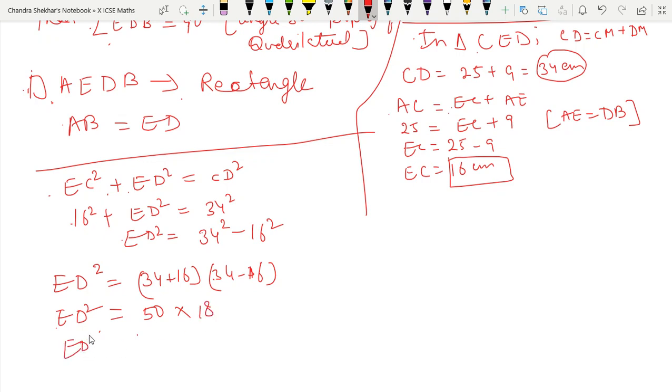So ED square is equal to 900. So ED is equal to 30 centimeter.